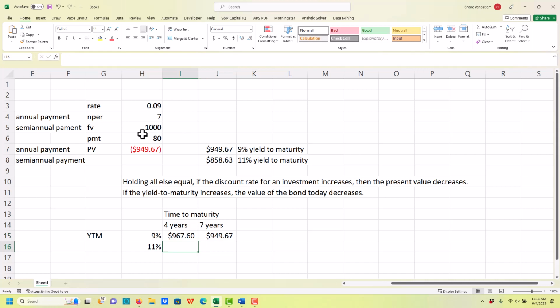With 11% yield to maturity, oops, that's going to be really weird because it's saying 1100%. We don't want that. And 7 years remaining, this box out here is going to be 858.63. And then finally, we're going to change this to 4 years. Get our last number, 906.93.